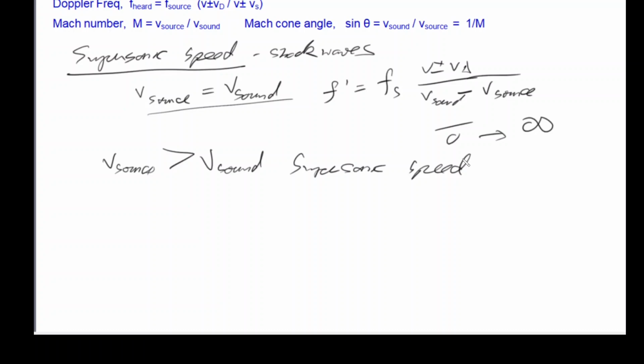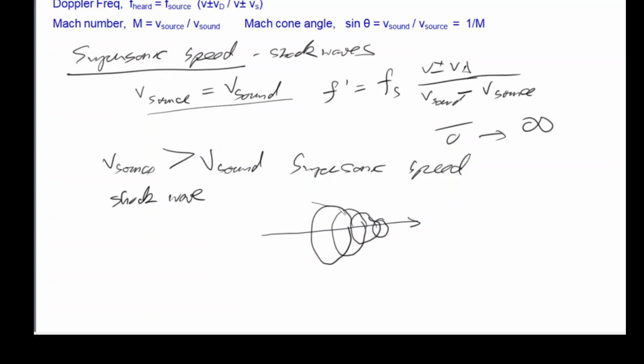Well, what happens then is you get a bunching up of wave fronts at the front of the source or the jet. And that causes a rapid increase and decrease in pressure, which is what we perceive as a shock wave. So in this case, if we have our source or jet moving that way, we get wave fronts that look like this, building up.